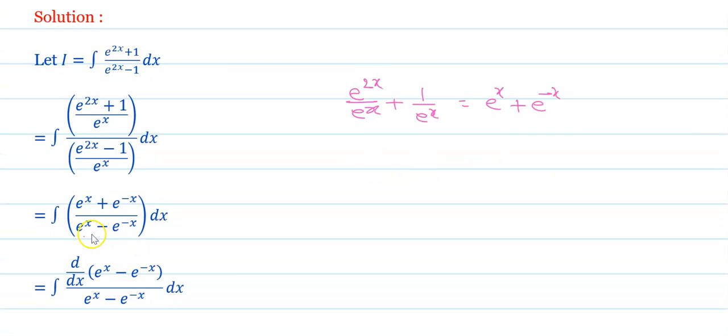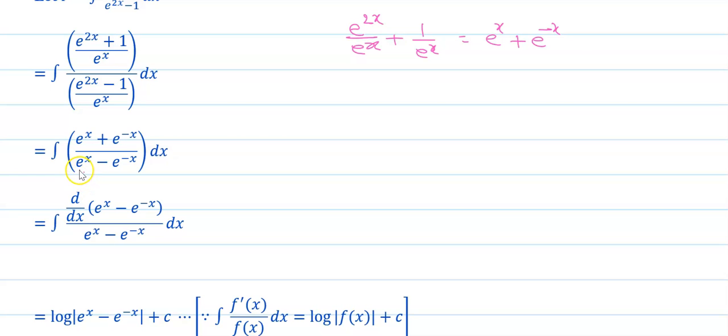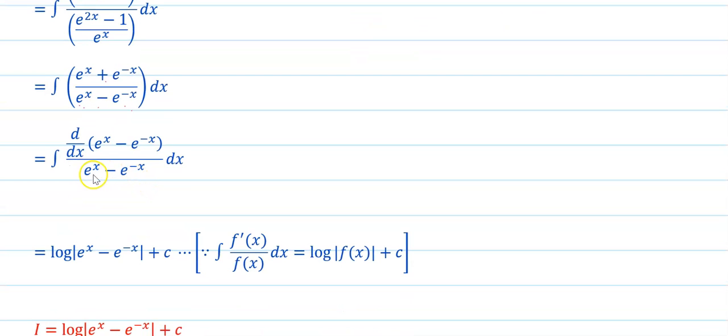Now see this here. If we substitute e raised to x minus e raised to minus x as t, then its derivative is e raised to x plus e raised to minus x. Now see here, if we take the derivative of the denominator, we consider the denominator as t. Here e raised to x minus e raised to minus x is equal to t.